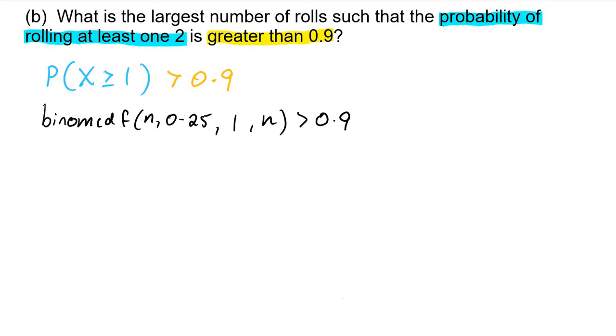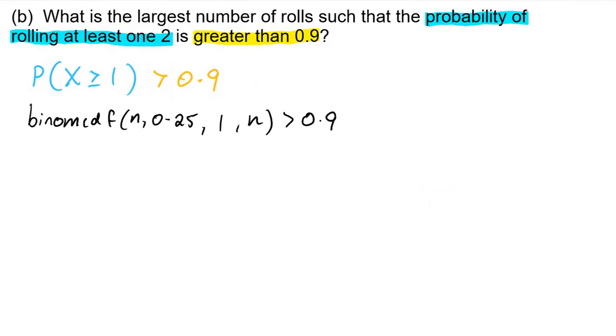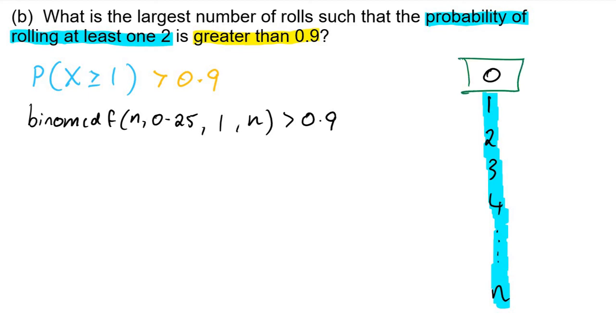So what we have to do with this then is think about a way around it. If we think about how many successes there can be, we're doing n trials. So we can have no success, 1 success, 2, 3, 4, all the way up to n. What we're after is the probability that we have 1 or more successes. That excludes the probability of having 0 successes.